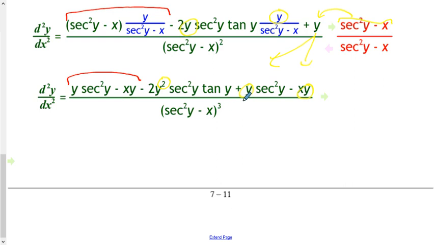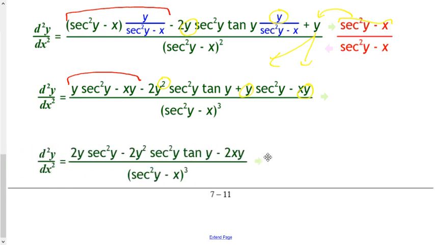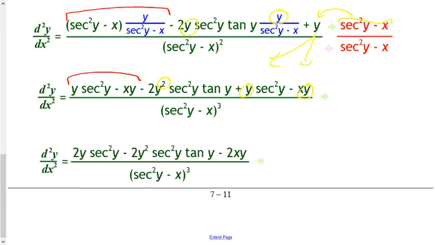We're almost done. For my final step, maybe I'll erase some things up here so we can see what I'm taking down. There wasn't much to combine here.